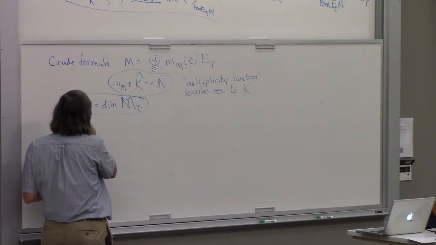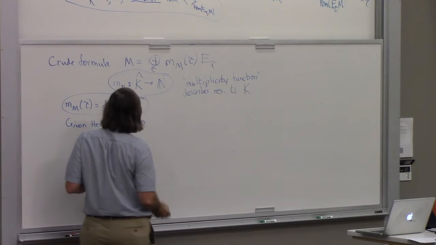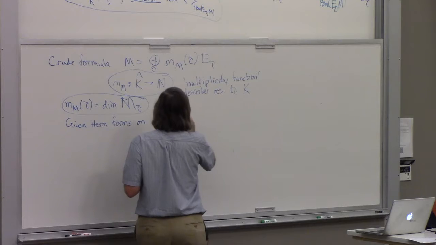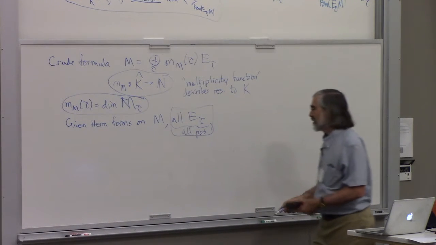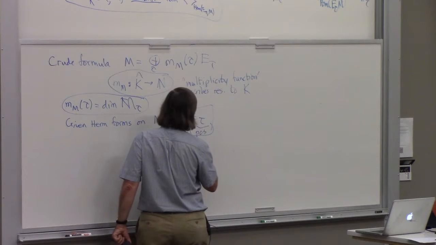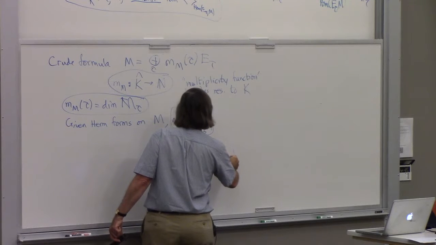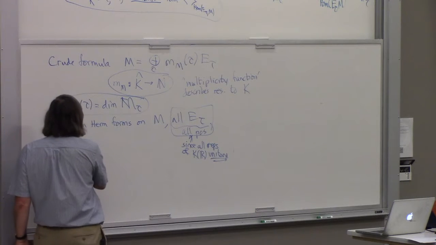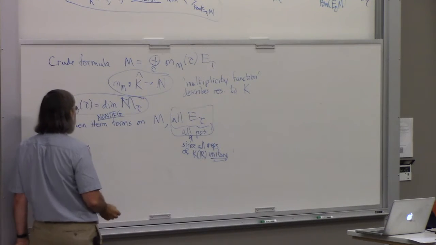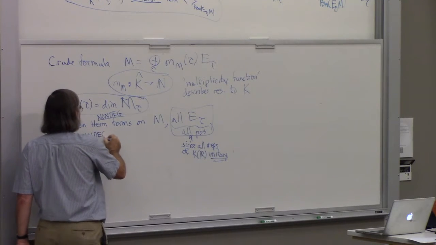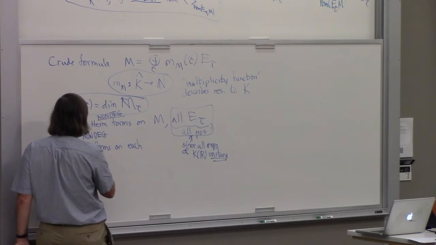And given a Hermitian form on M and all these E taus, which you might as well take to be all positive, since all representations of K of R are unitary, if this is non-degenerate, you get a non-degenerate Hermitian form on each multiplicity space, this M of tau dimensional space.